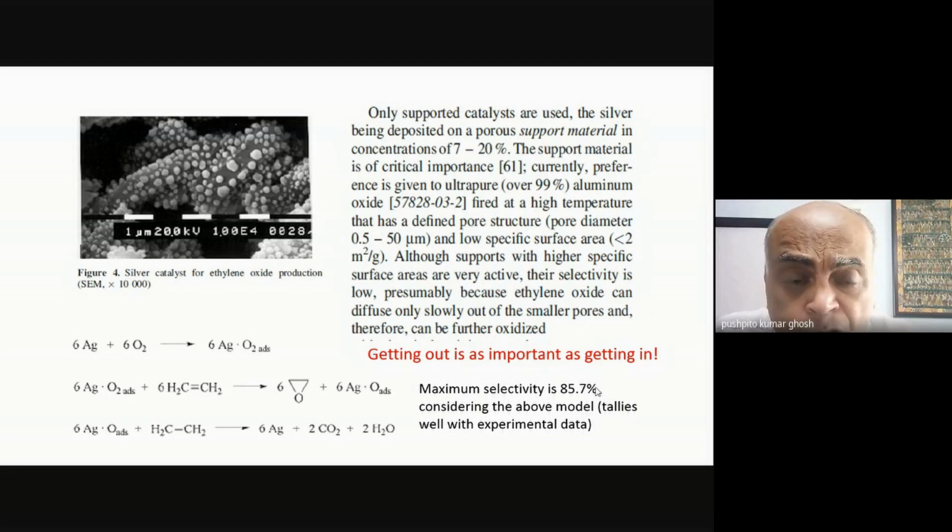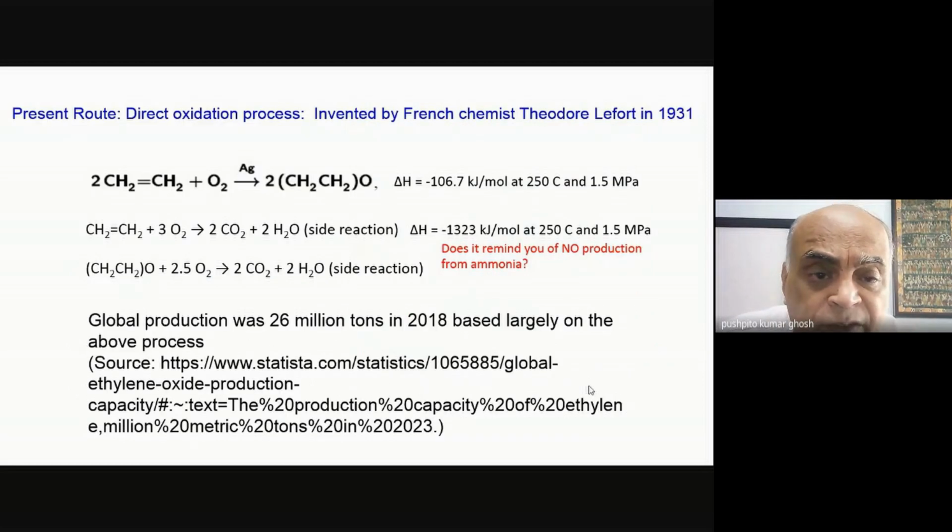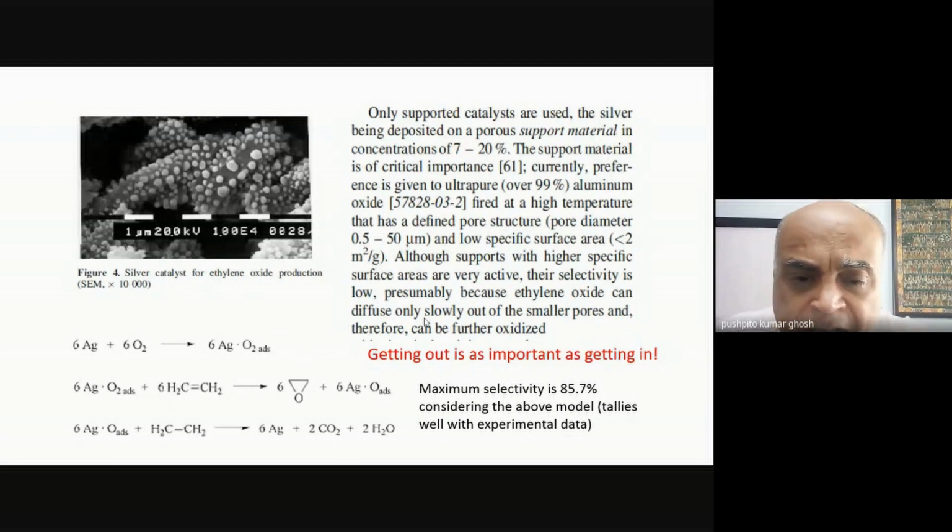So they couldn't control that. So this reaction was actually taking place, maybe even this reaction to some extent. So we tried to rationalize why something like this happens, and so this mechanism was proposed.